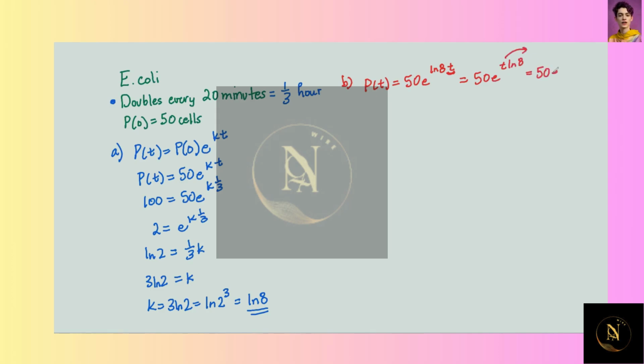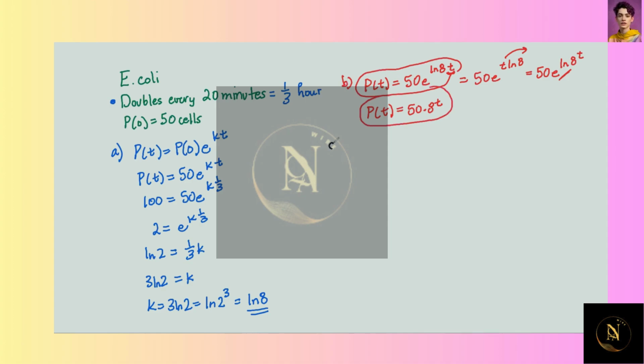So I get 50 e to the ln 8 to the t. But again, inverse composite functions, out pops the argument. So P of t can be rewritten as 50 times 8 to the t. And both of these are fine ways to write it. Just two different ways to write our formula.